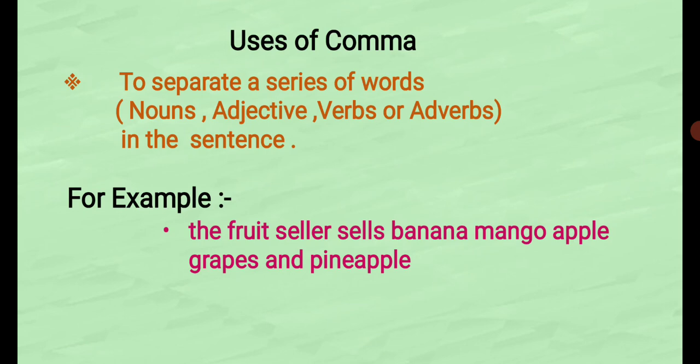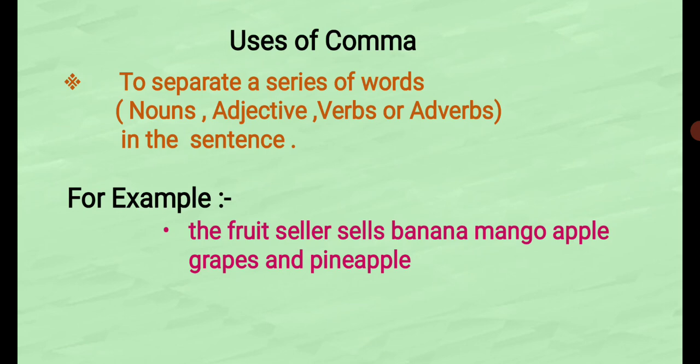Which punctuation mark will be applied here? First, the first letter of the sentence will be capital. Then, how many fruits are there? More than 2 fruits are there. So at that time divide the fruit names. We will put comma after every name of the fruit.